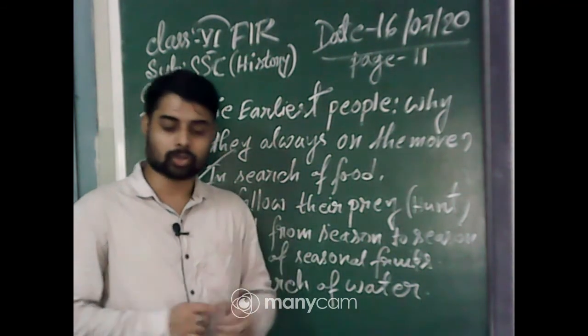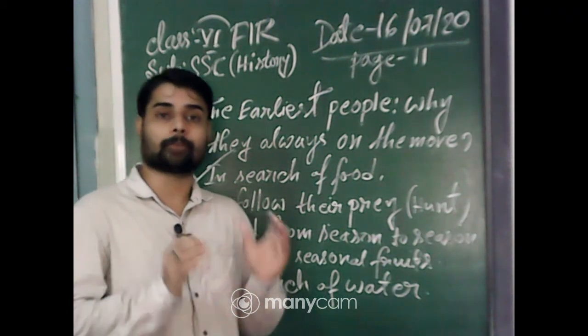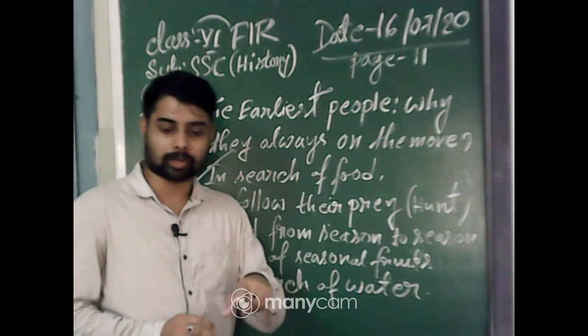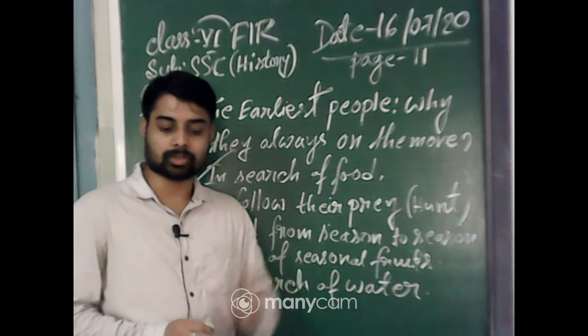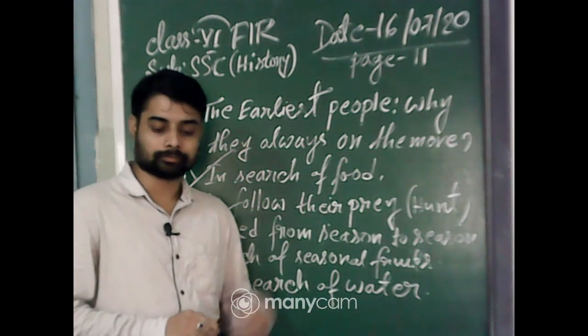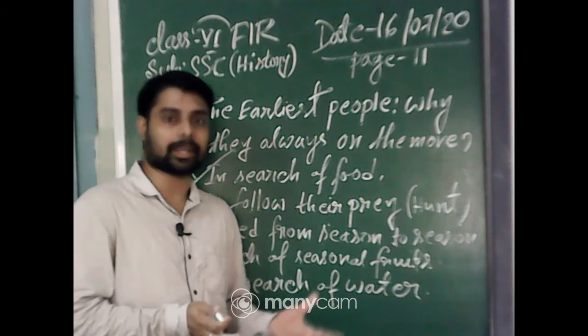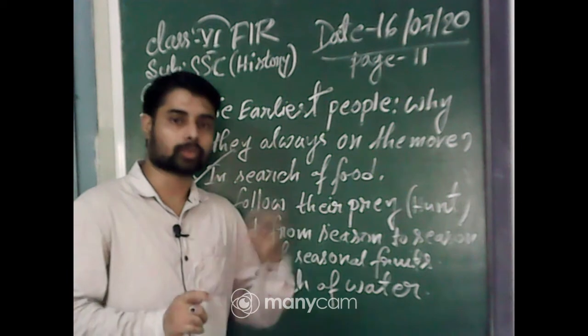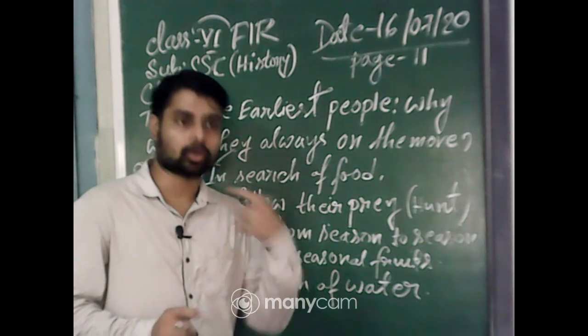Now the second reason is that animals also move from place to place in a similar way, either in search of smaller prey, or, in the case of deer and wild cattle, which are herbivorous animals, in search of grass or better plants.